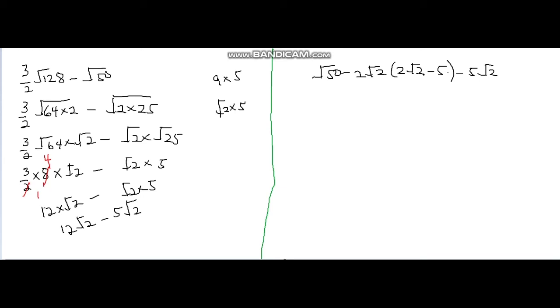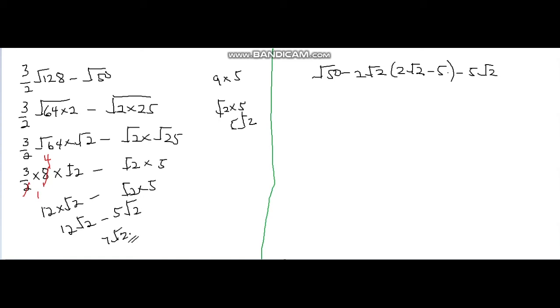So with this one too, I have to write 5 root 2. That's why I wrote it 5 root 2 over here. I hope it's clear. Now you can see that they all have square root of 2, right? So I can subtract. Good. So when I subtract 12 root 2 minus 5 root 2, I'm going to get 7 root 2. I hope it's clear. So that's our final answer.